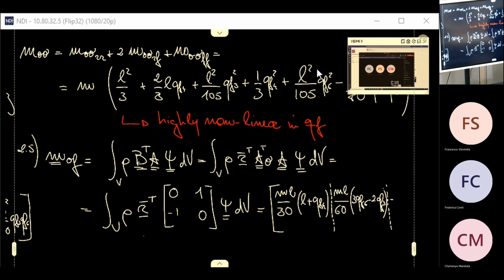Then we have minus ML over 20 multiplying L plus QF4.